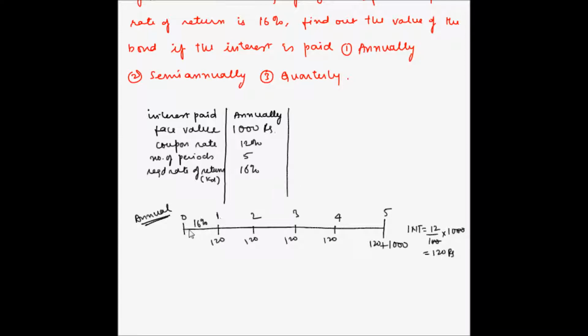So let us find out the present value of the bond in case of annual interest payments. So here I am going to solve this problem using only one method, which is using the present value factor tables. I would suggest that you try solving this problem using other methods also, which have been covered in the previous videos.